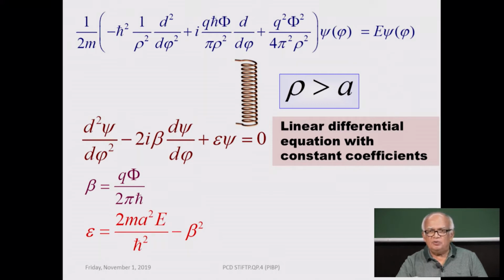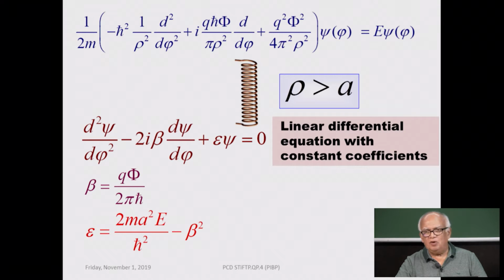That makes it easy to write, not because it introduces any new physics nor any big mathematical convenience. Okay, it is exactly the same thing, it is only a notational convenience. So, you introduce epsilon and beta, and now you know how to solve this.